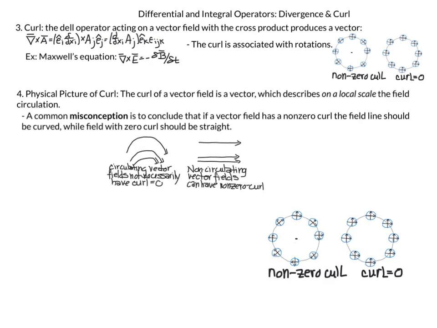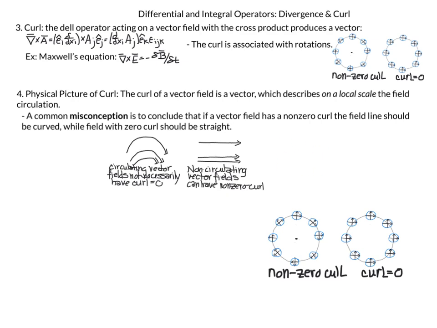And your book points out this common misconception. It's a common misconception to conclude that if a vector field has a non-zero curl, then the field lines should be curved, while a field with 0 curl should be straight. These confusions come from confusing circulating vectors, or vector fields where things are going in circles, with the idea of rotation.